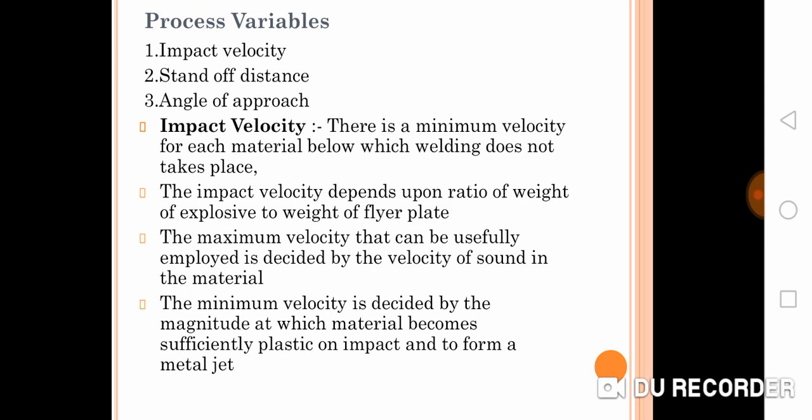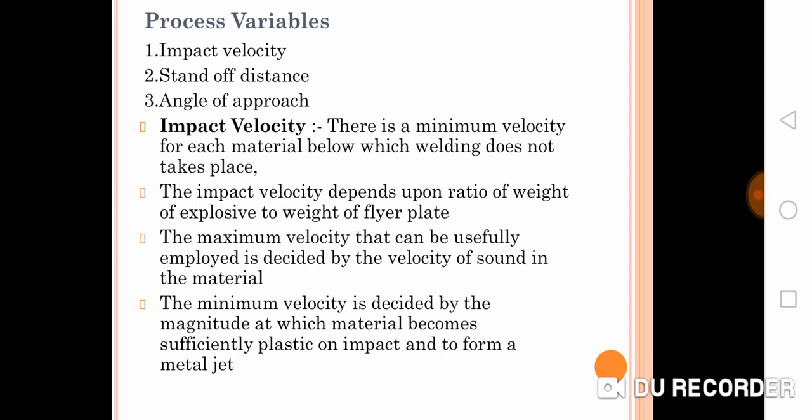The maximum velocity that can be employed depends on the velocity of sound in the material, and the minimum velocity depends upon the magnitude at which the material becomes sufficiently plastic. Here again I am stressing that this joint is formed by the deformation of the materials.